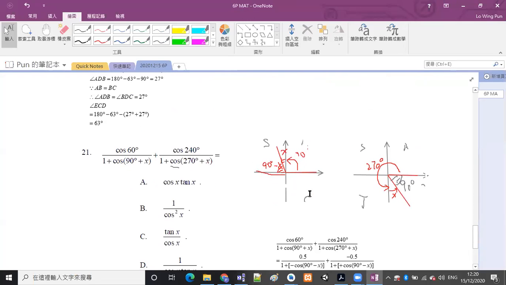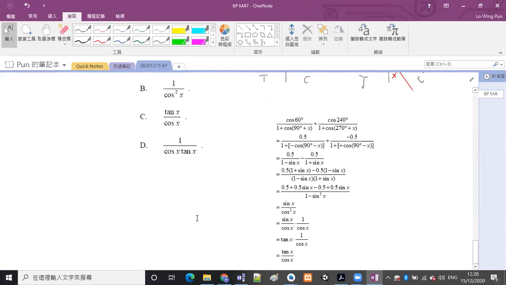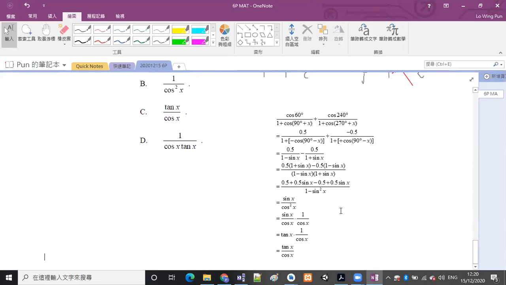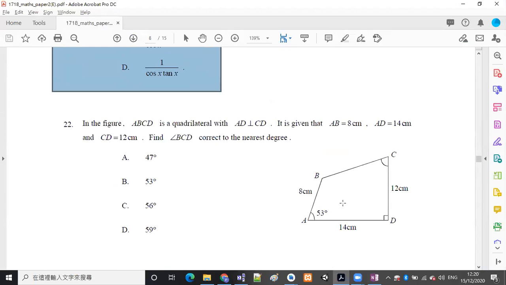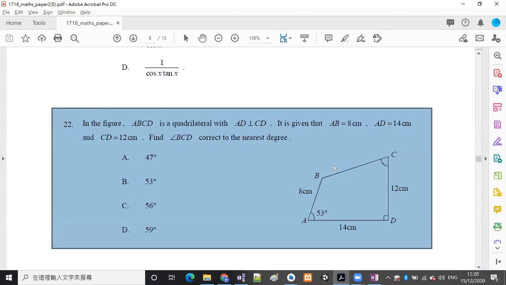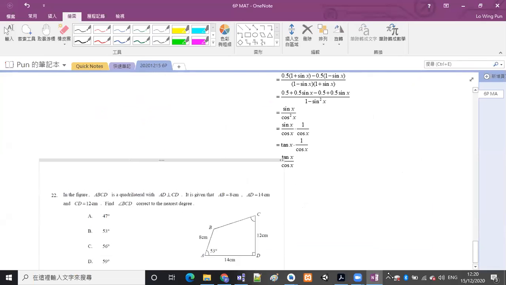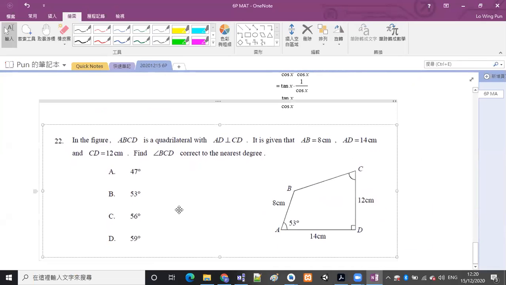Can you get this? And ABCD is a quadrilateral with AD perpendicular to CD.